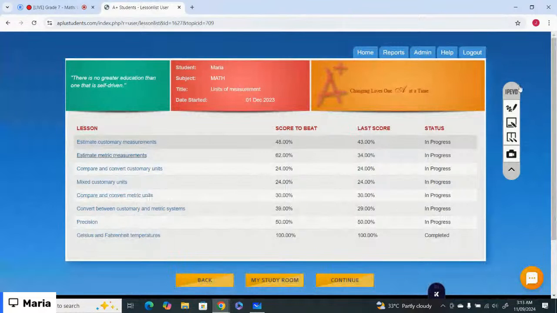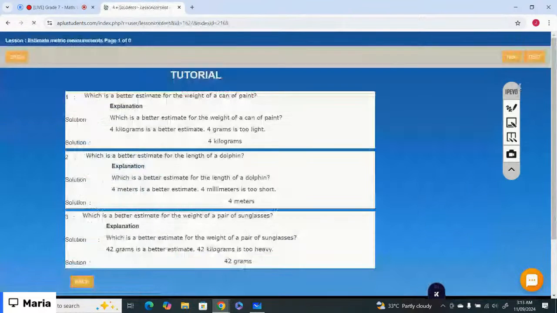The next lesson is estimate metric units, metric measurements. Which is the better estimate for the weight of a can of paint? So which is the correct option?